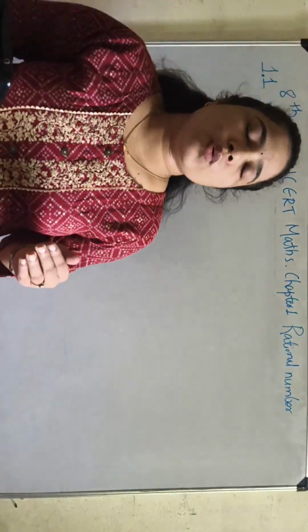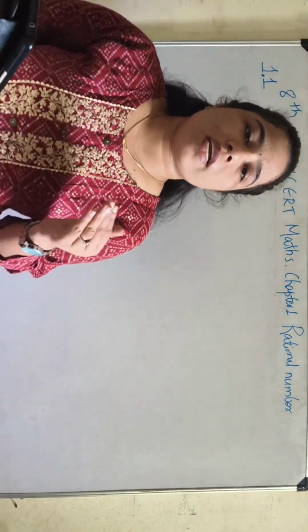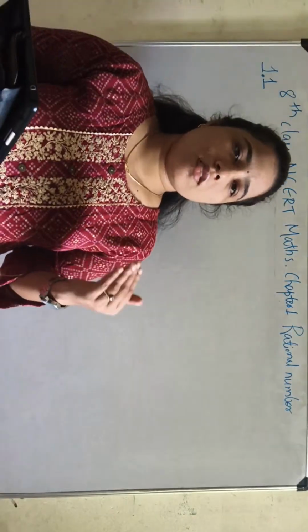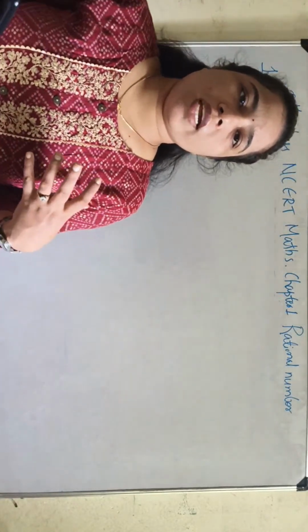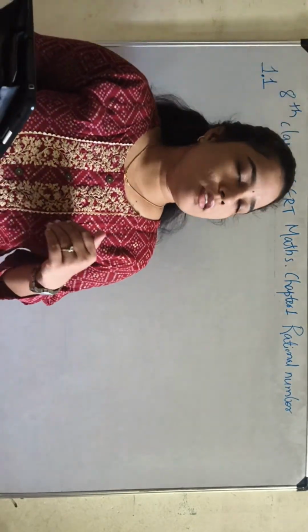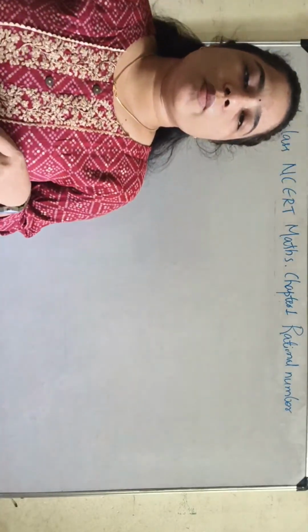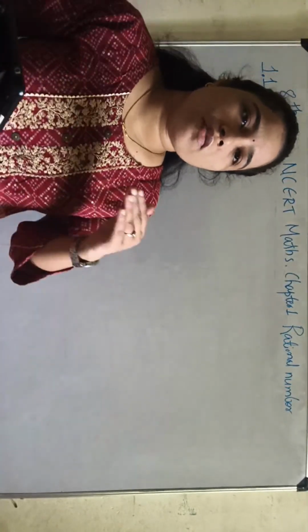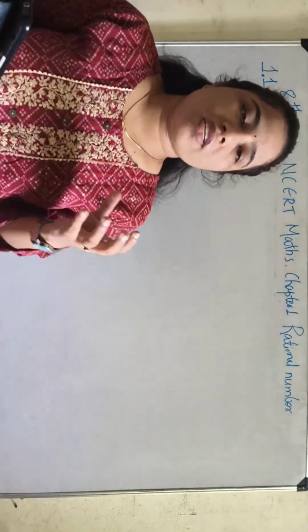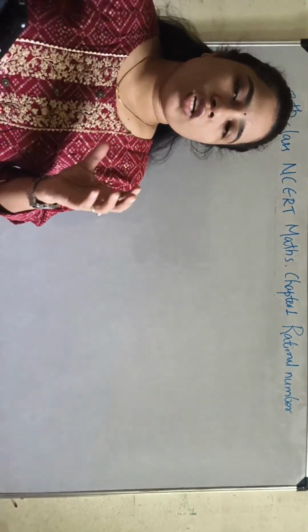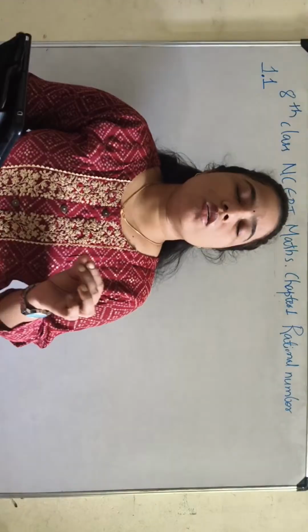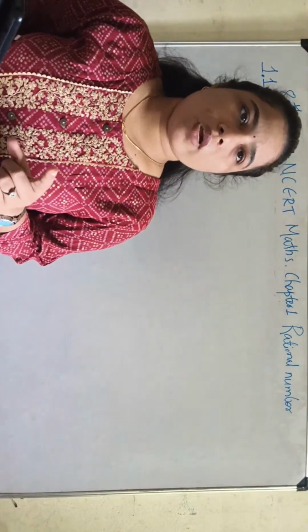The additive inverse is nothing but just taking the reverse of the sign of the number. If we add them together, we should get 0. In the case of the multiplicative inverse, we just reverse the number. After reversing the number, if you multiply it with the original number, the product should be 1.